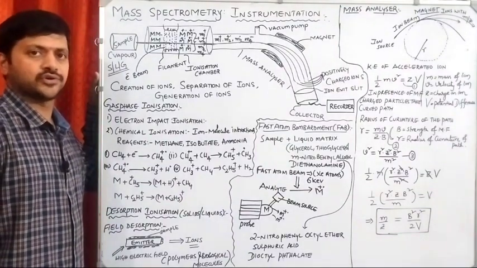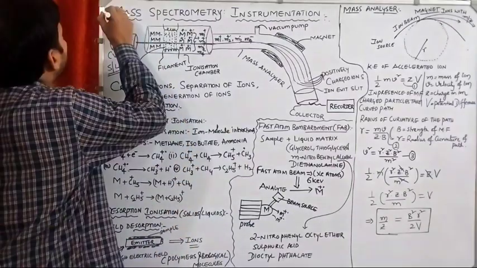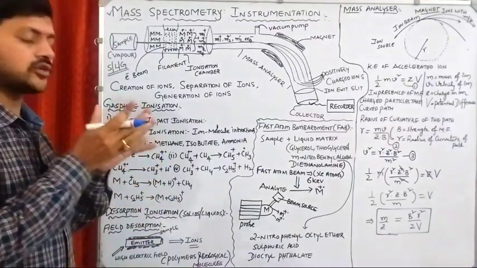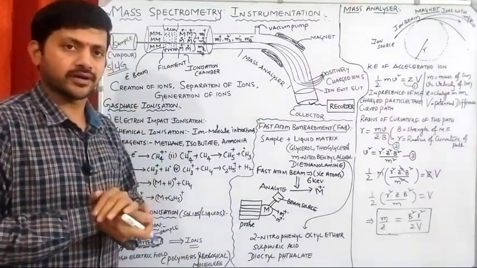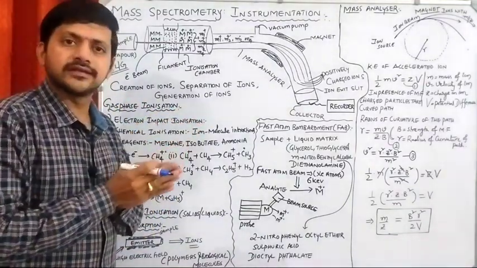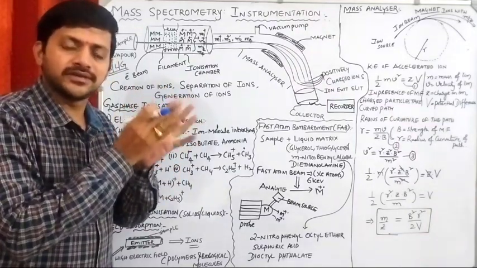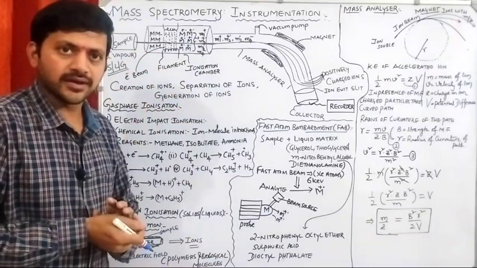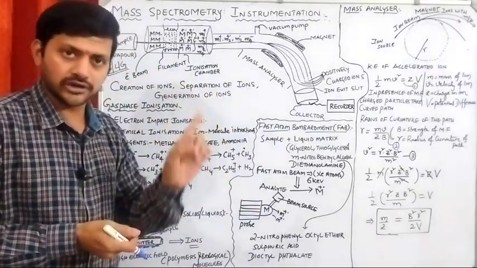Let's discuss the next topic, that is mass spectrometry instrumentation. We all know the general principle of mass spectrometry. Initially we take the sample. The sample must be in the vapor phase, which is subjected to ionization, and we will come up with the molecular ion.